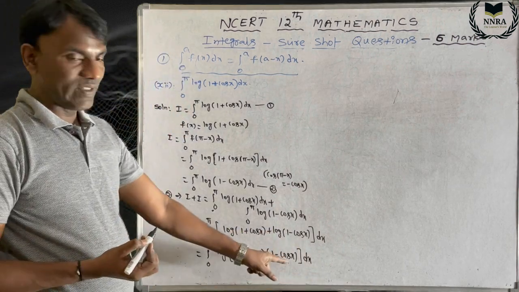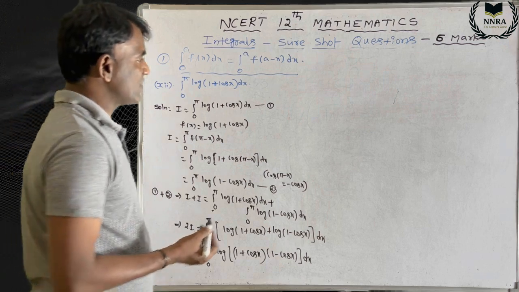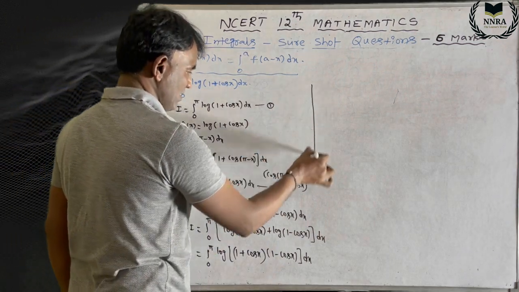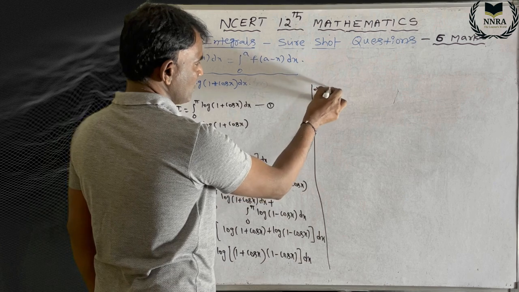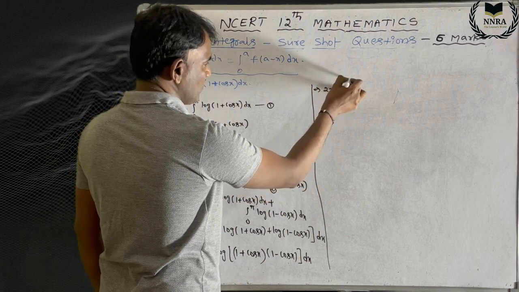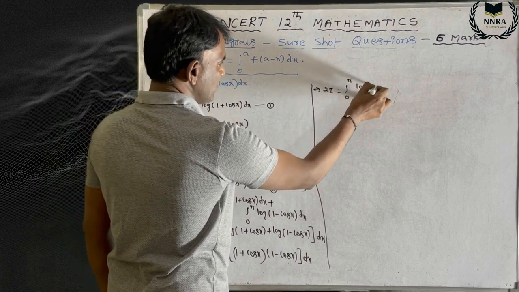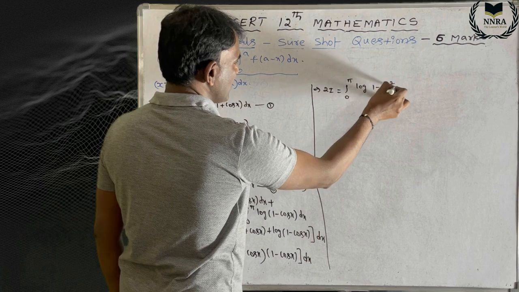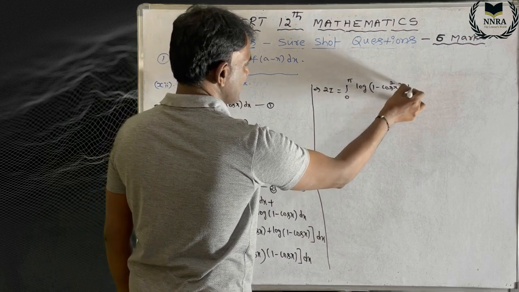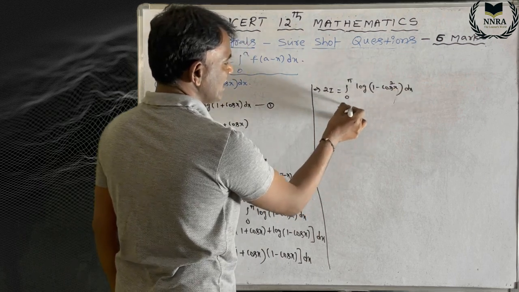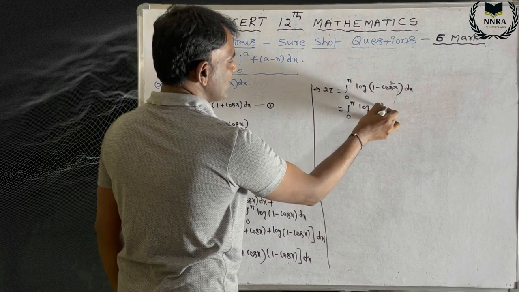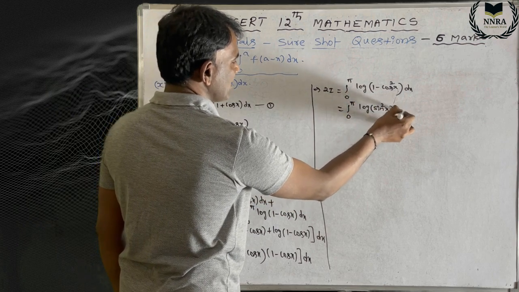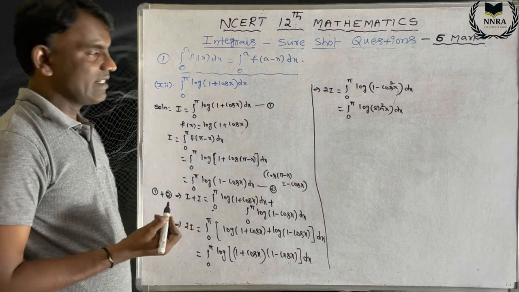Now which form is it? a plus b into a minus b. That can be written as a square minus b square. So here it is 2I, right? And integral 0 to pi. So log of a square minus b square means 1 minus cos square x. Then that can be written as sin square x. So log of sin square x dx. Clear?